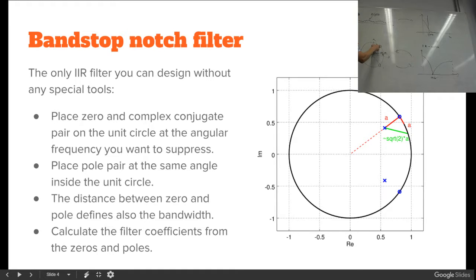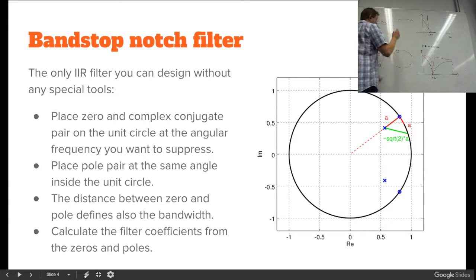Of course, the gain can be almost infinite and still that one goes to zero. So what that pole does, it basically does something like this. It makes the system almost unity gain anywhere else except on that notch angle or around the notch angle.